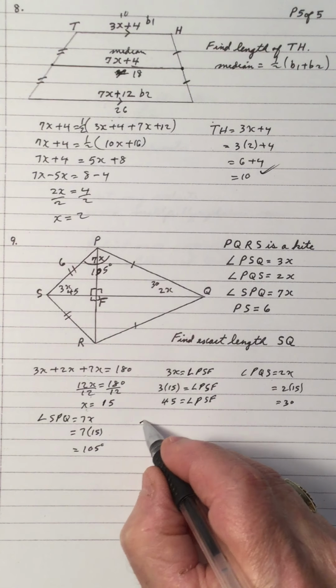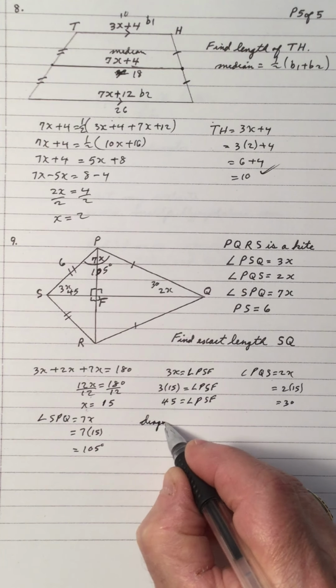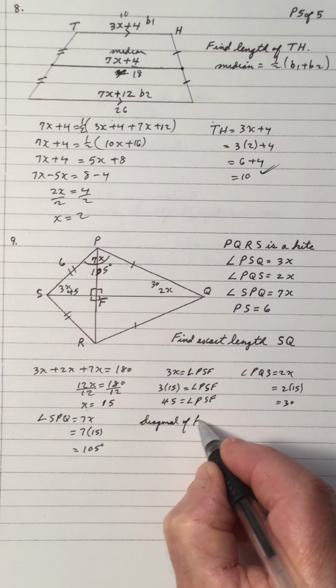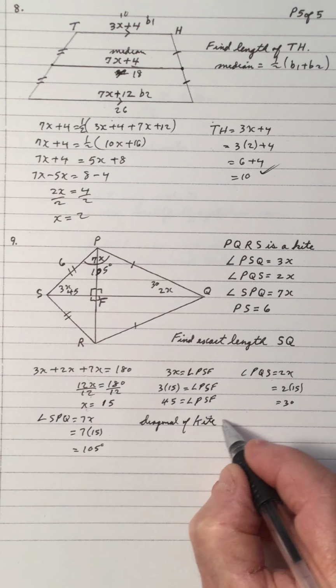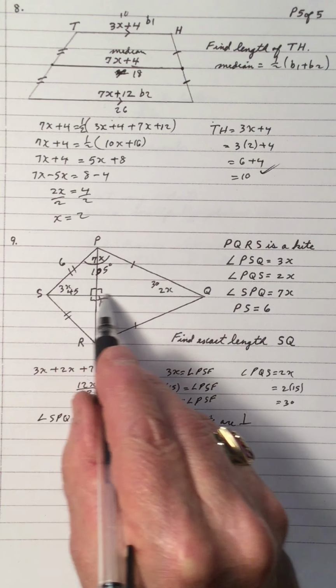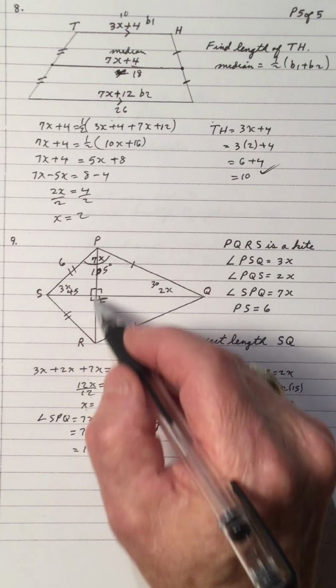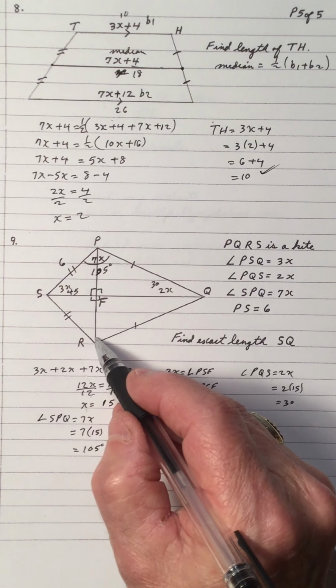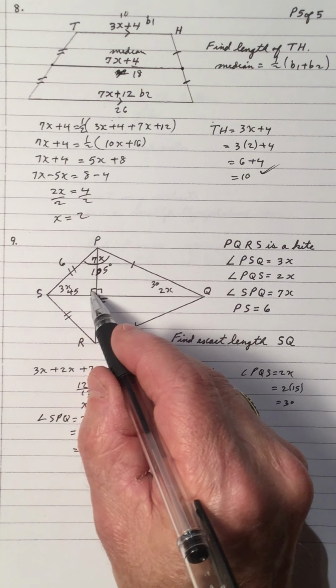The diagonals of a kite are perpendicular. And not only that, the long diagonal, which is this one, bisects PR, but we want the right angles.